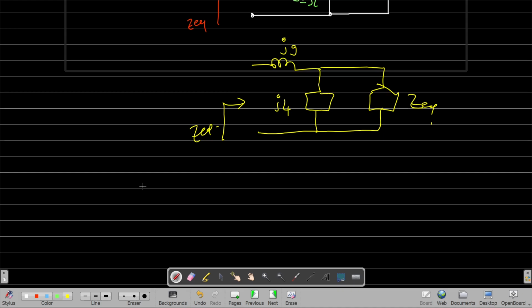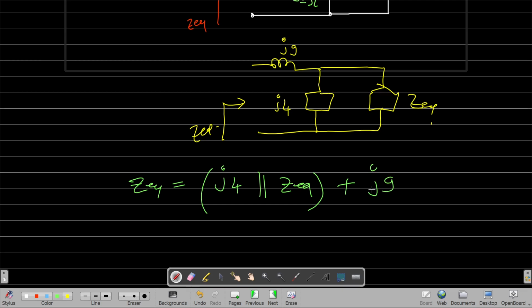So our Z equivalent is equal to J4 parallel with Z equivalent, bracket, and this whole combination is in series with J9.